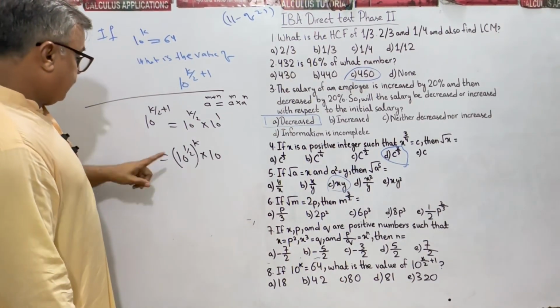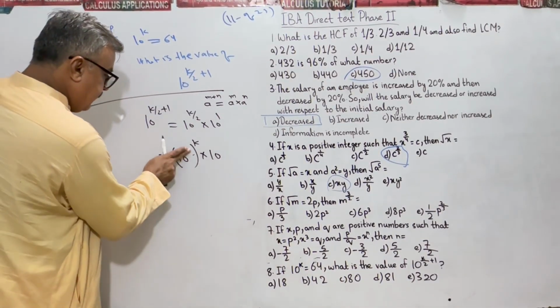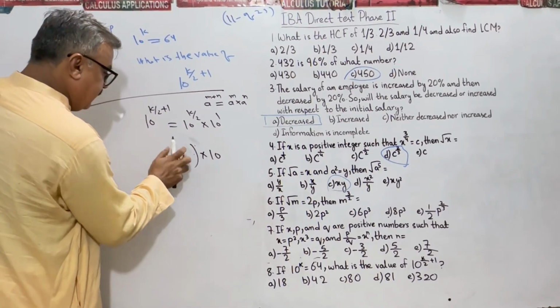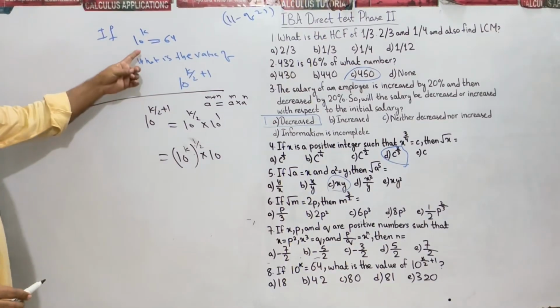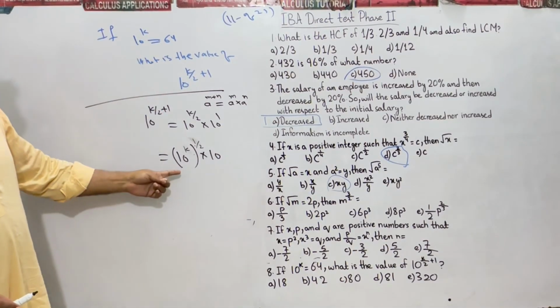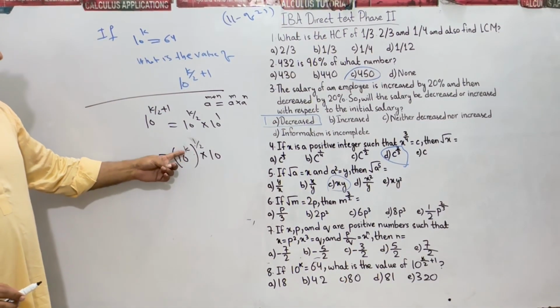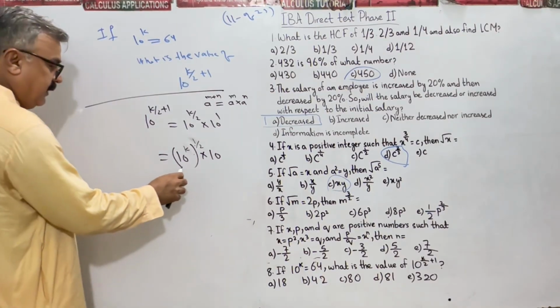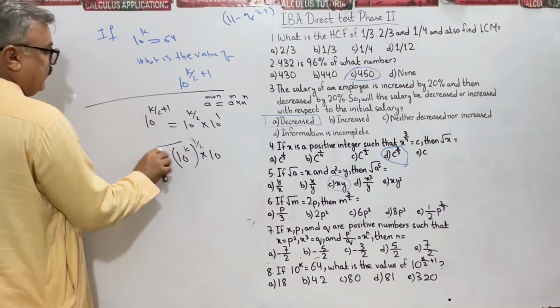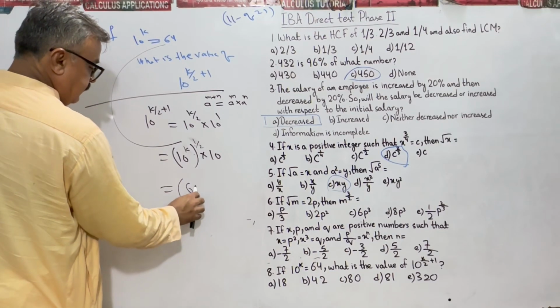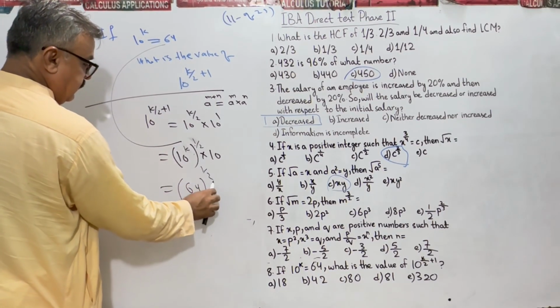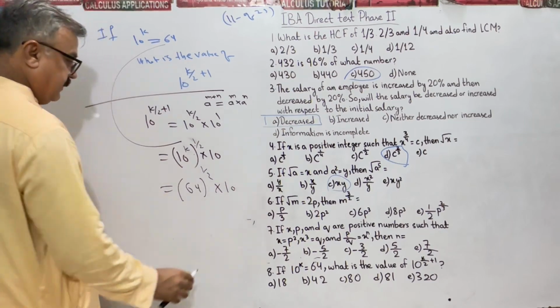Write this as 10 raised k times 1 over 2, times 10, because we have the value of 10 raised k equal to 64. Now plug in the value: 10 raised k is equal to 64, so 64 raised 1 over 2 times 10.